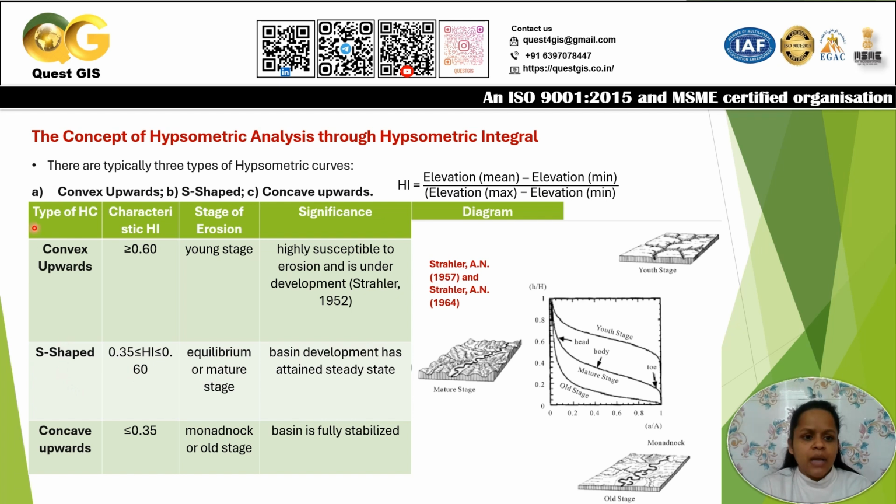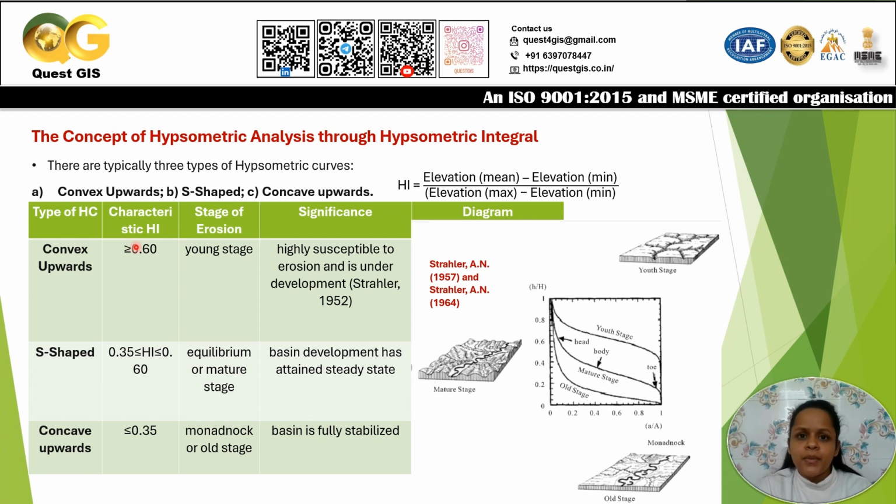Now the types of hypsometric curve, first, convex upward. If you see this curve here, this is a convex upward curve, and it represents the youth stage of erosion. Why does it represent the youth stage of erosion? Because you see the area under the curve is greater than or equal to 60%.